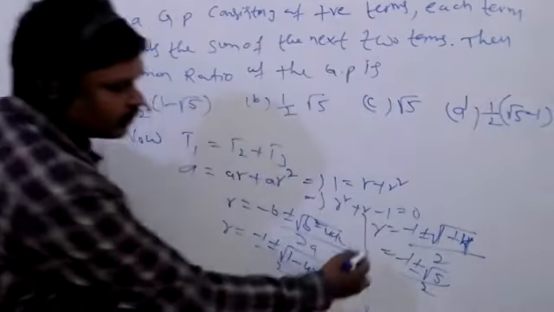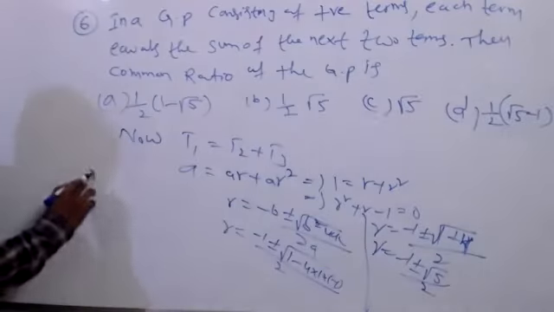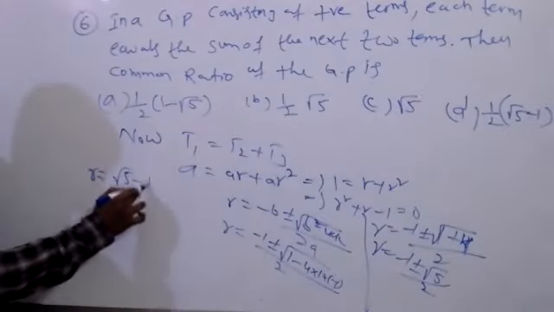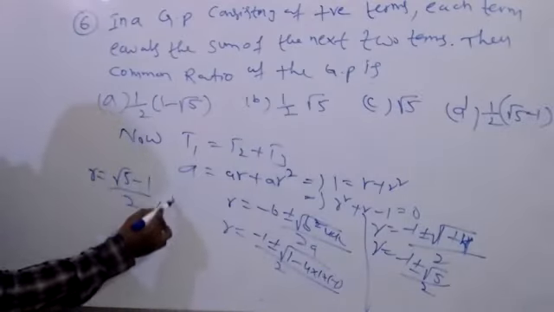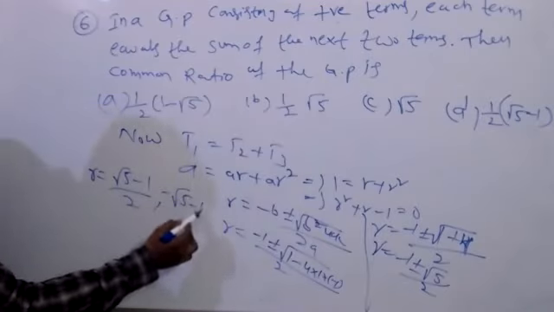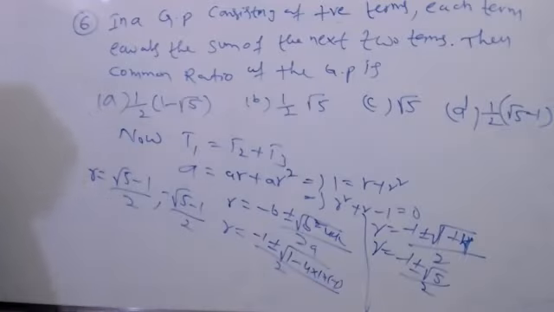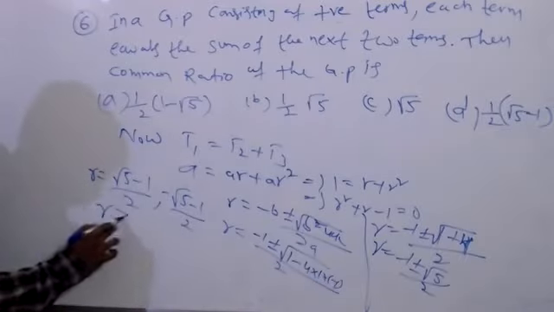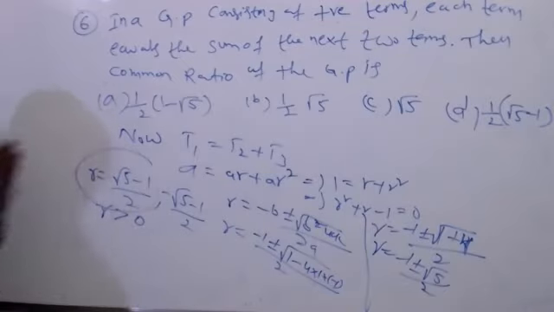So r is root 5 minus 1 upon 2, or minus root 5 minus 1 upon 2. Then r is greater than 0, right? Now here root 5 minus 1 upon 2. Understood?